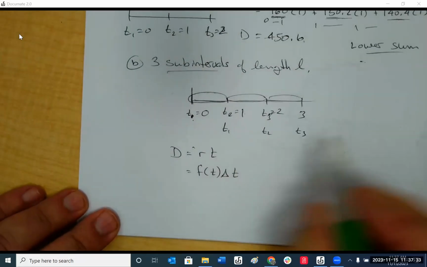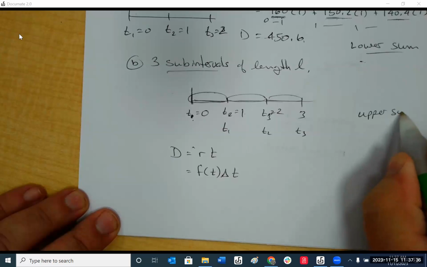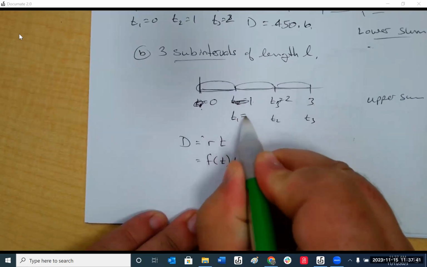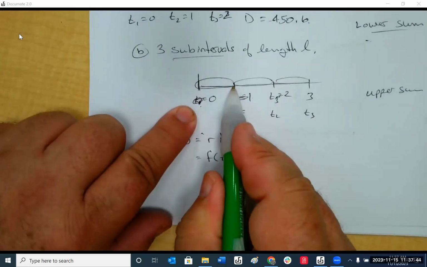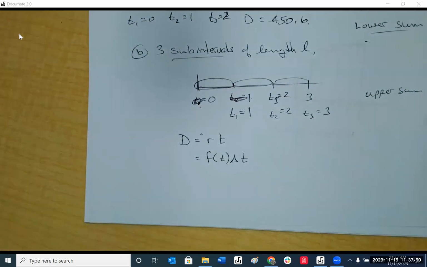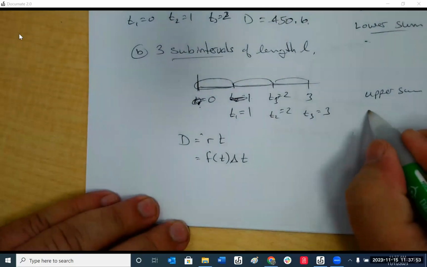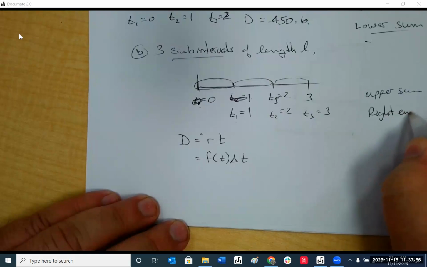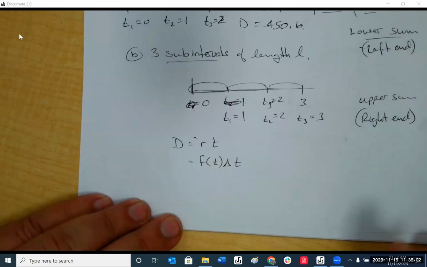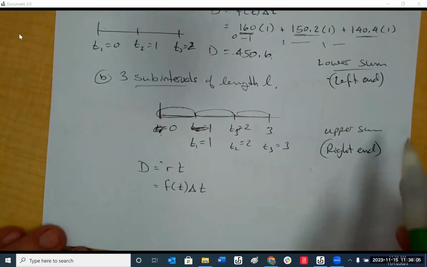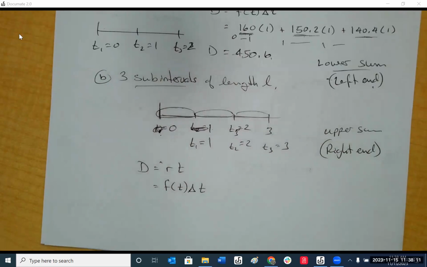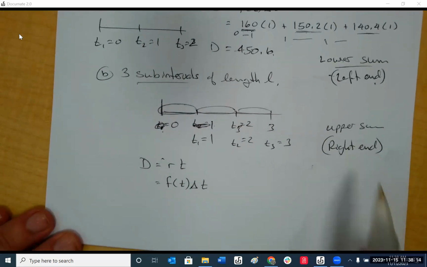Now, for the second part, we're going to look at the upper sums. So instead of starting at 0, we now go to the right end. That's our first time period. The lower sum is the left end: we start from the left end of the intervals. And for the upper sum, we start from the right end.